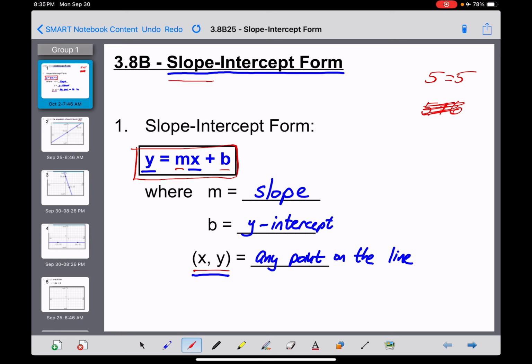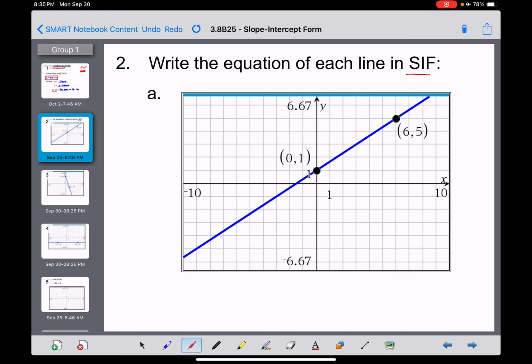It is called slope-intercept form because you need two key pieces of information in order to get it. You need to know the slope of your line, and you need to know the y-intercept of that line. Those are two key pieces of info we ought to be able to get just by looking at the graph. What we're going to have to do first, everybody, is figure out the slope of this line.